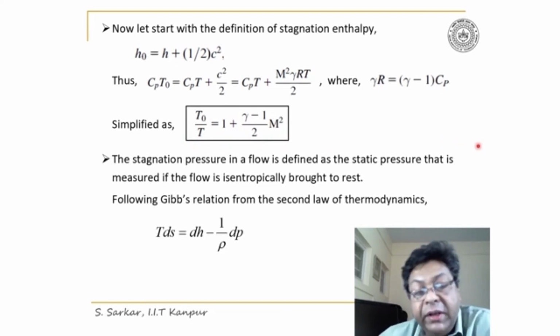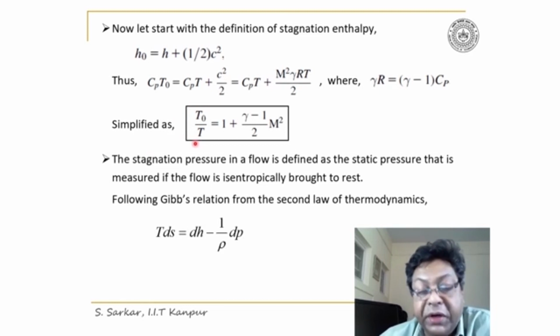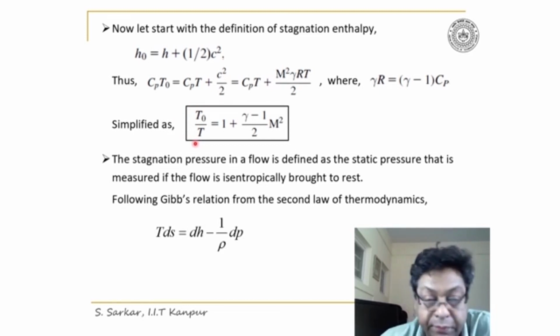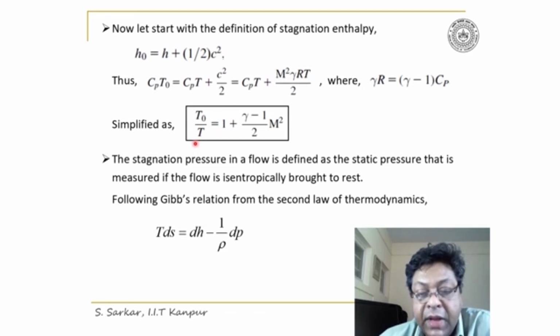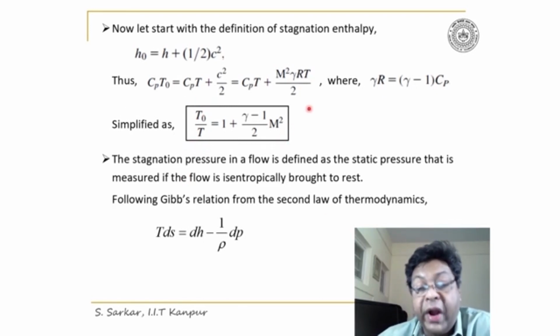So this is a very important relation that tells you the ratio of stagnation to static temperature with respect to the Mach number. You realize here that the ratio between the stagnation and static temperature is related to the Mach number squared.